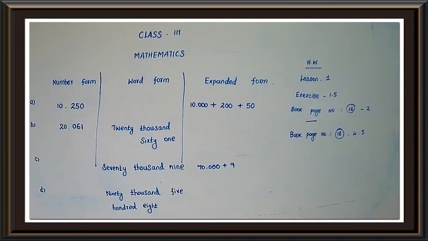Then see the next one. The smallest 5-digit number formed by using all the digits 9, 2, 0, 3, 6.